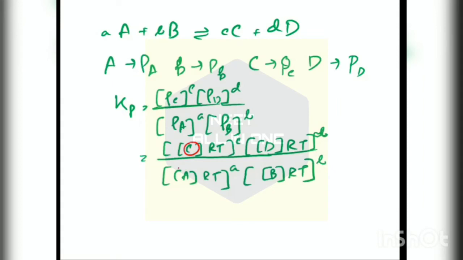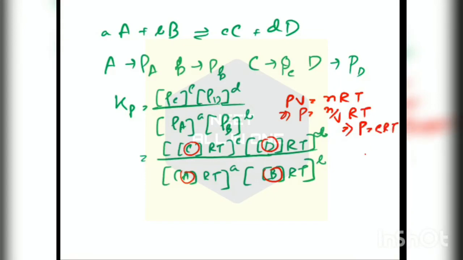We know that C, A, B, and D are concentrations. We all know the formula PV equals nRT. When we write n by V into RT, it becomes P equal to concentration into RT, because moles n by volume equals our concentration. So that's how we have written it here: concentration into RT for each term.